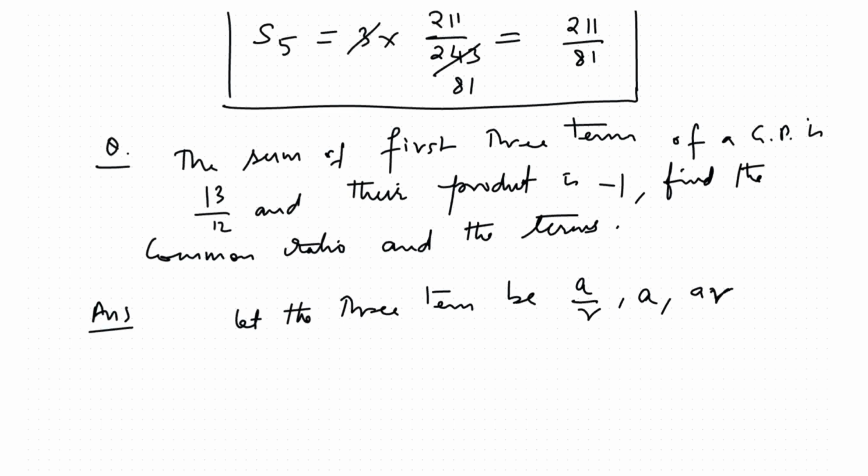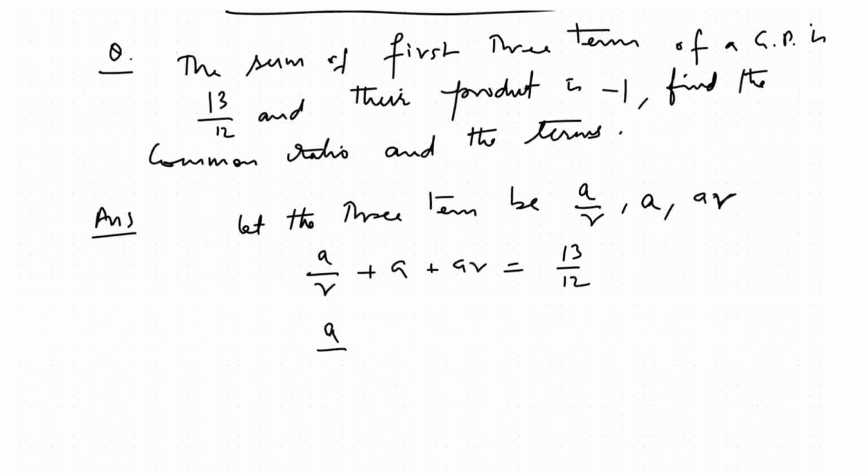So first condition is what? First condition is that sum of first 3 terms, that means a upon r plus a plus ar is 13 upon 12. And the second condition is what? The product a upon r multiplied by a multiplied by ar. It is how much? -1. So did you see that I can cancel the r? So I got a cube equal to -1, which means a is equal to -1.